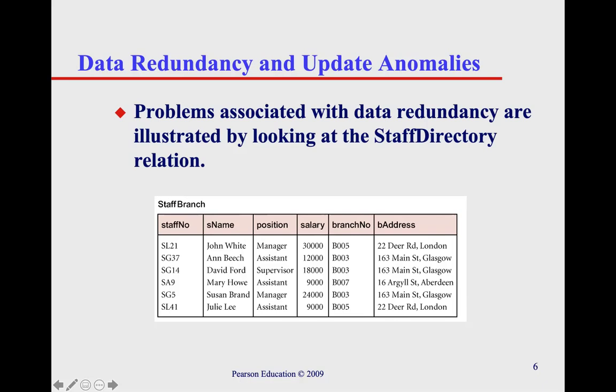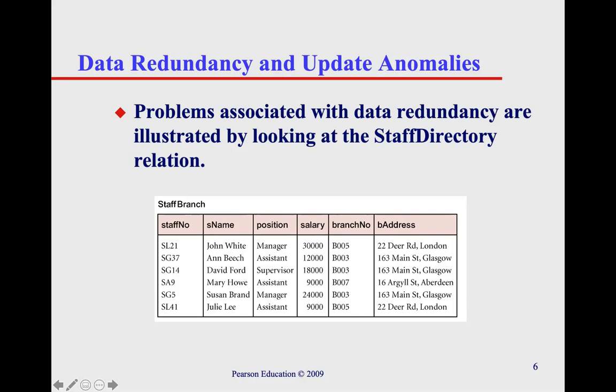You can also see that the staff number is going to determine the staff name and the person's position, and perhaps it determines their salary or perhaps not. Okay, so we will get to that, but it certainly seems that a staff number determines a staff name, a position, and a salary.